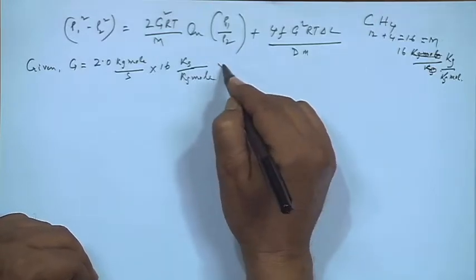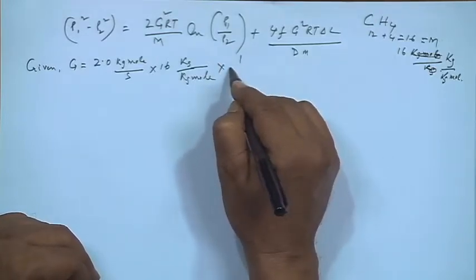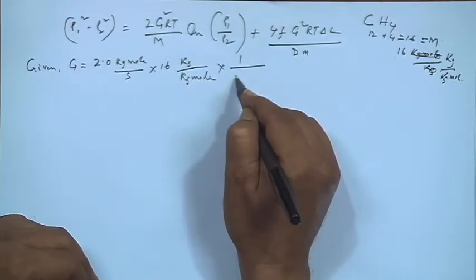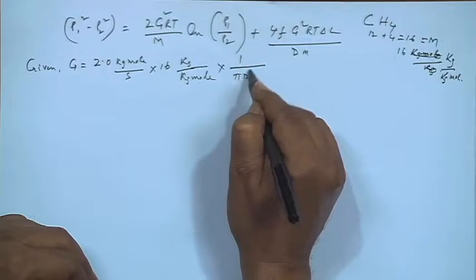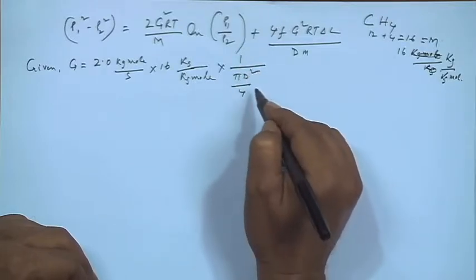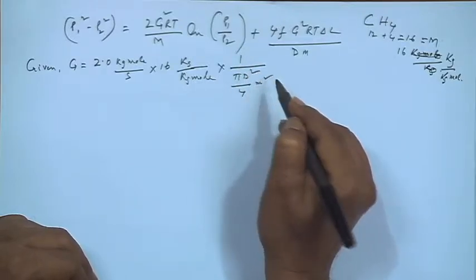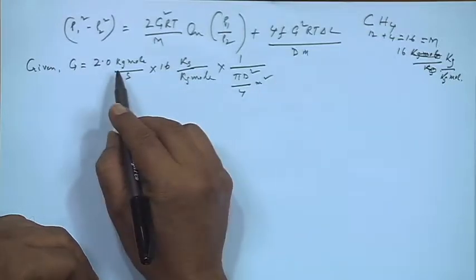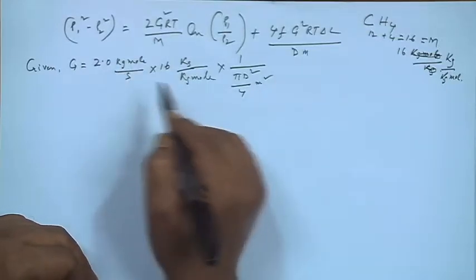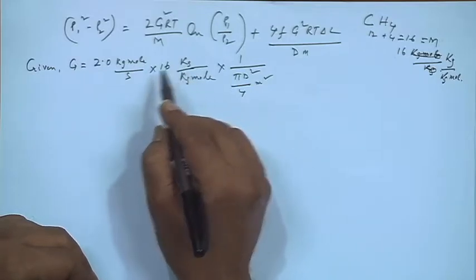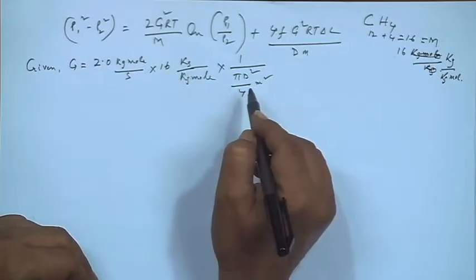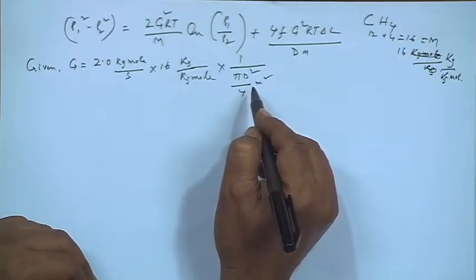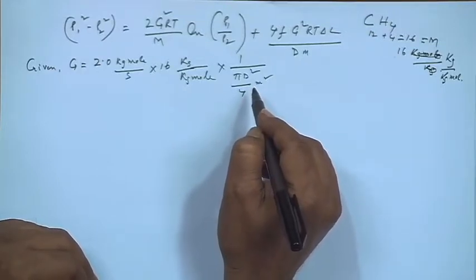1 divided by the area, that is π d² by 4 meter squared. This means the kg mole goes out, and we get kg per second per meter squared, that is nothing but mass flux, right.